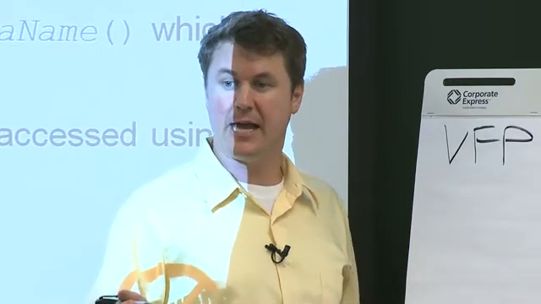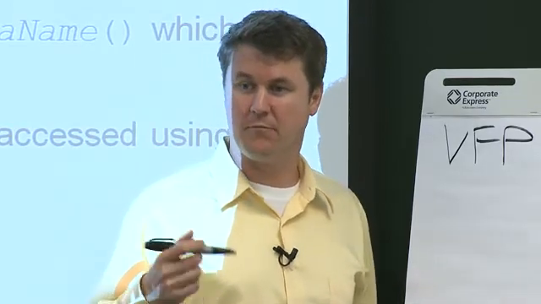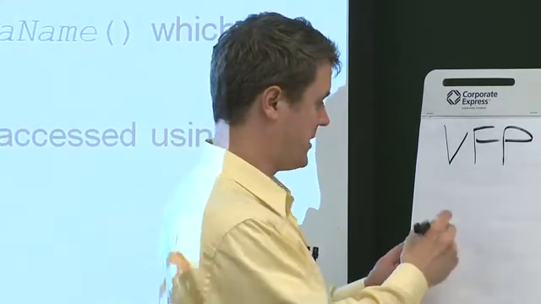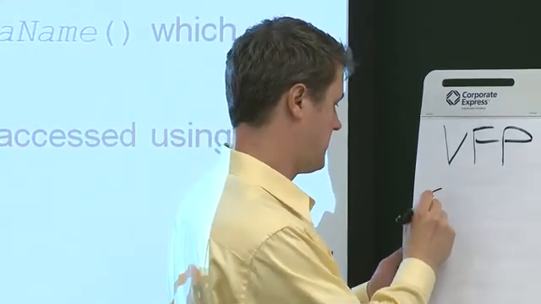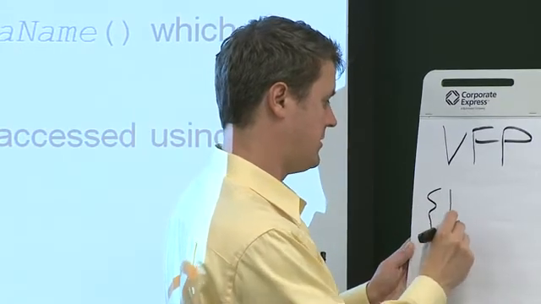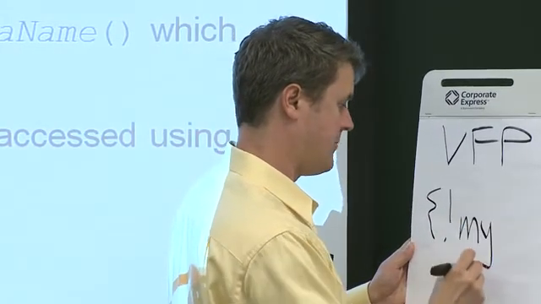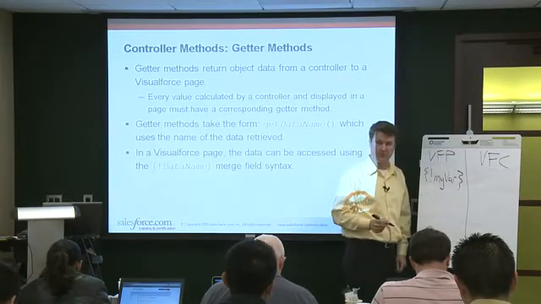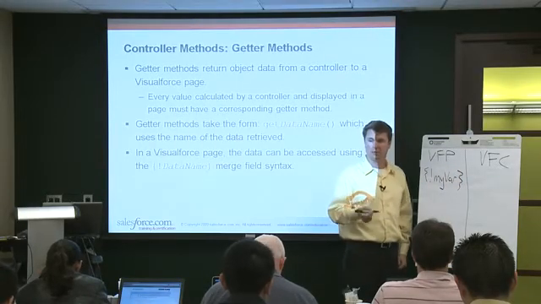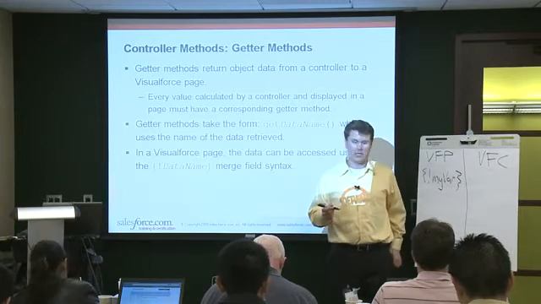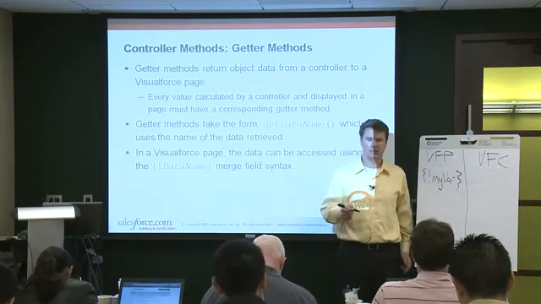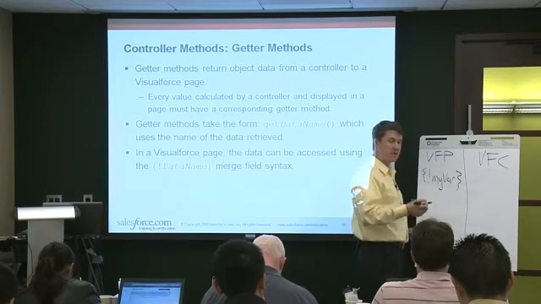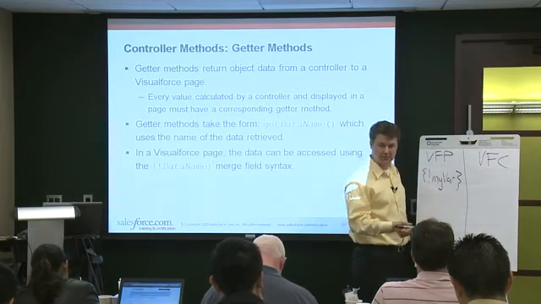So if I had a variable called myVar, and I want to display it within a Visualforce page, I would simply do curly brace, exclamation, myVar, and then curly brace. Now, what's going to need to exist within my custom controller, my Visualforce controller, is a method to handle the request.